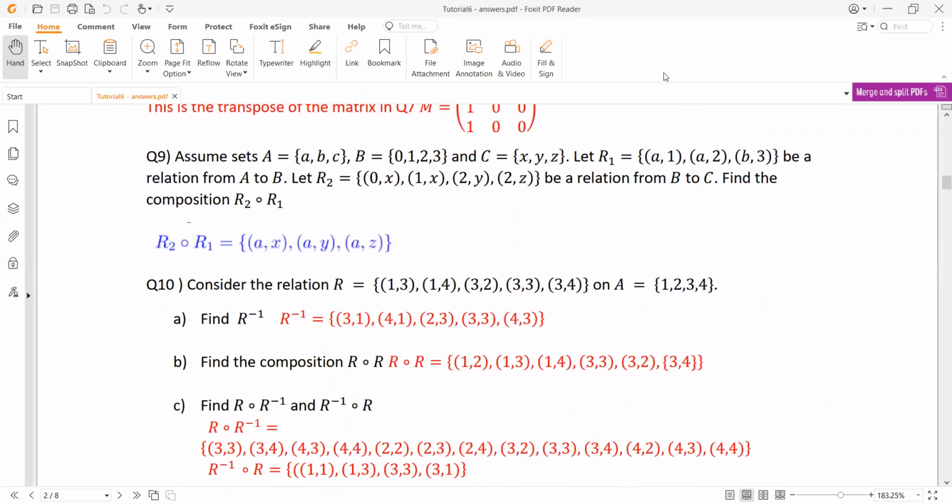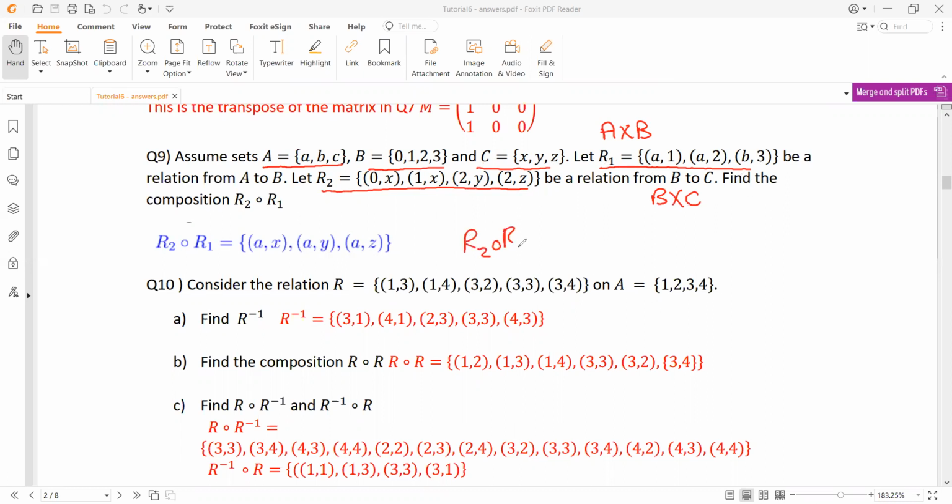Question number 9 is: given set A, set B, set C, and knowing that there is a relation R1 that relates set A to set B, and relation R2 that relates set B to set C, can you do composition between R1 and R2?